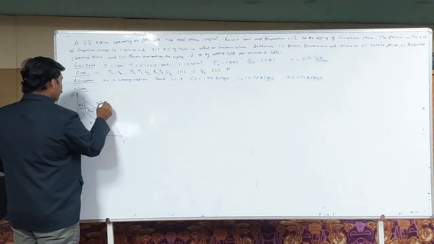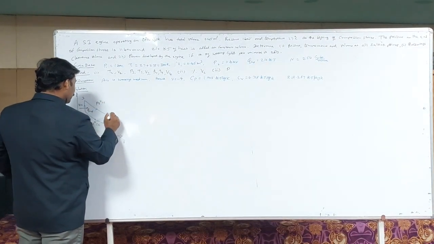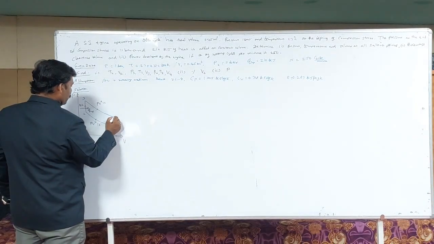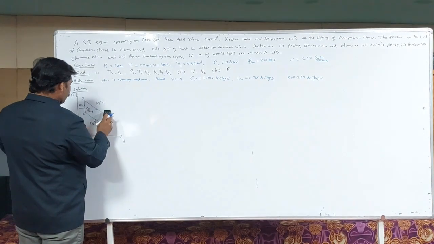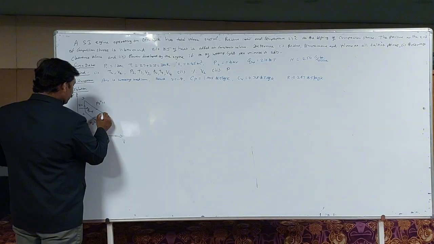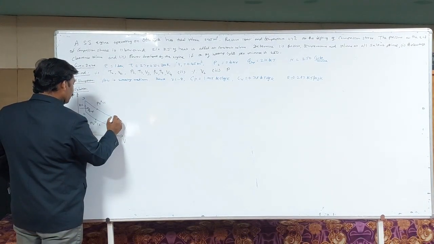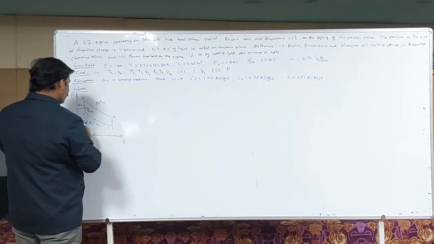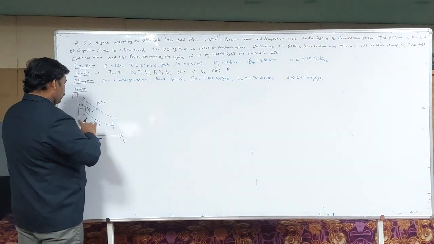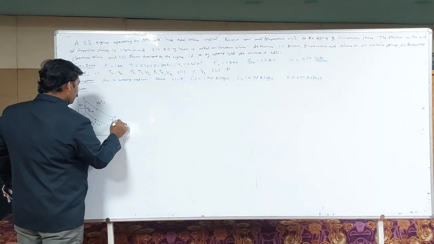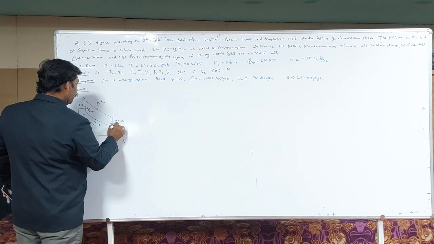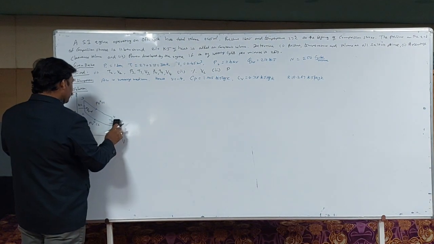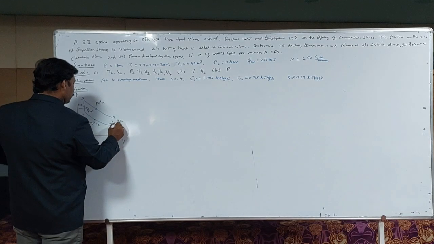So PV power gamma is equal to constant, and 4 to 1 is constant volume heat rejection process.